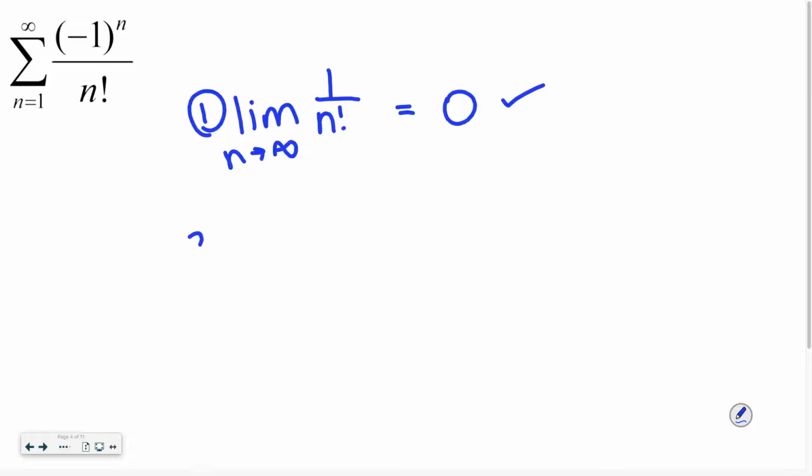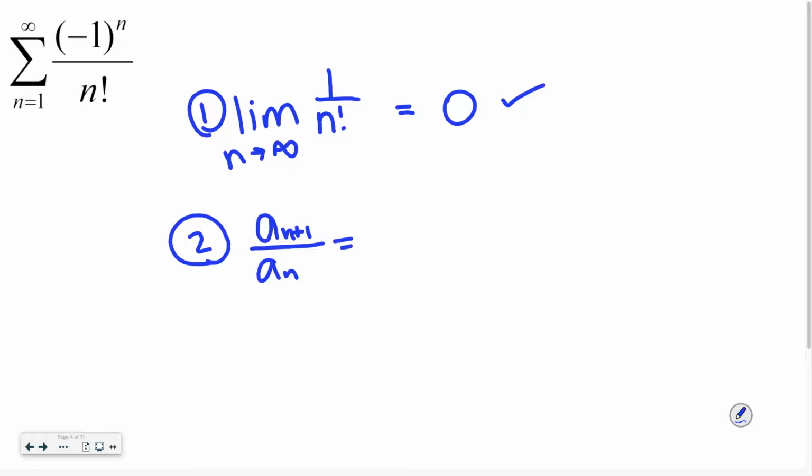So what we're going to have to do is compare the ratio of the n plus 1 term over the nth term. This is something that we talked about a week and a half ago when we talked about sequences.